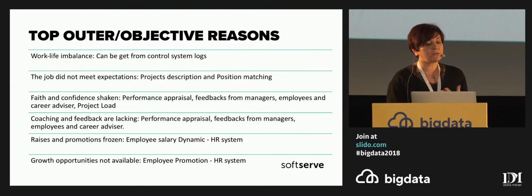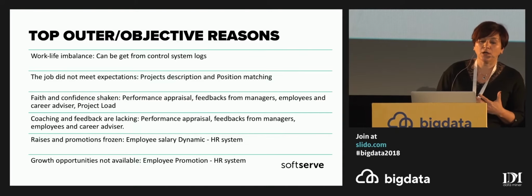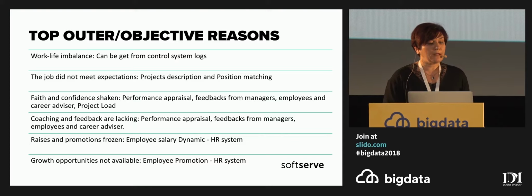Next is affairs and confidence shaking. Actually, we could extract this information from performance appraisals. We could use feedback that the employee gets from managers, colleagues, or a career advisor.